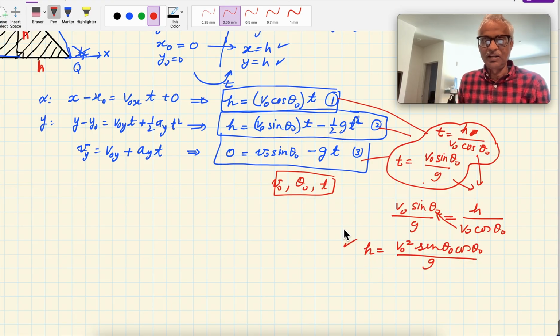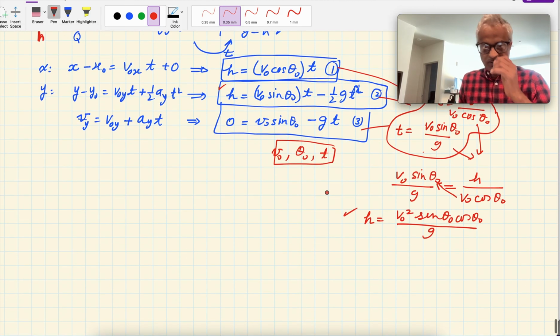So this is for h, and there's another one for h. Maybe we can make it equal to that, and that may give me a condition to solve for something. So that is a possibility.